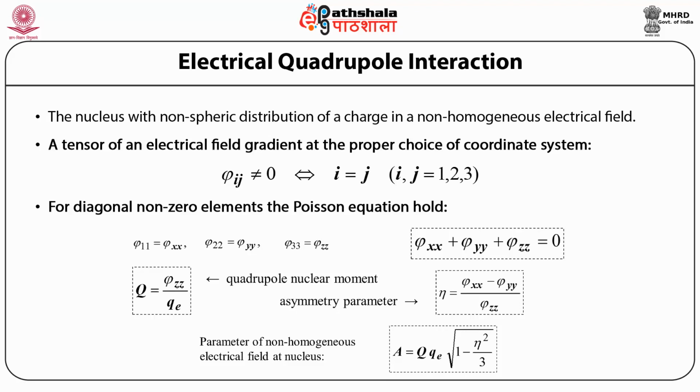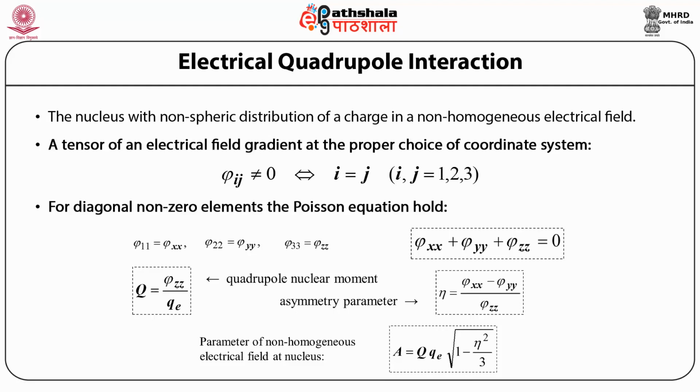If we can calculate this quadrupole moment, then this is further linked with the shape of the nuclei, whether it is spherical, whether it is oblate, whether it is prolate. Then this quadrupole interaction is sometimes very important if we take the Mossbauer in the presence of magnetic field, and even at low temperature.